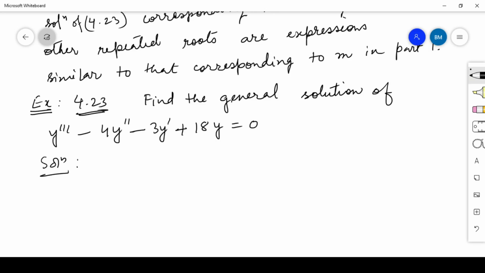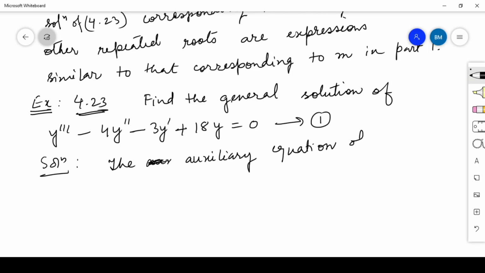First we have to write the auxiliary equation. So call this equation say 1. The auxiliary equation of equation 1 is m to the power 3 minus 4m square minus 3m plus 18 is equal to 0.